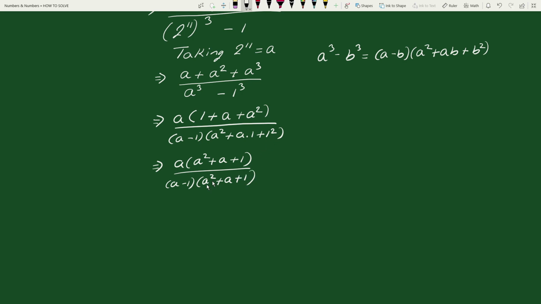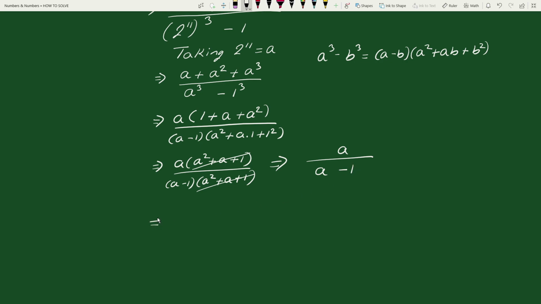Now in both the numerator and denominator we have the common factor a^2 + a + 1. So in both the numerator and denominator a^2 + a + 1 will be cancelled out. This equals a by (a - 1).